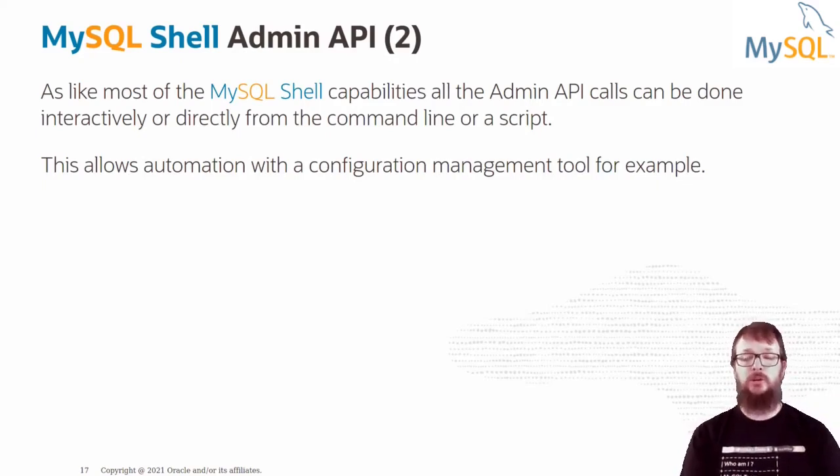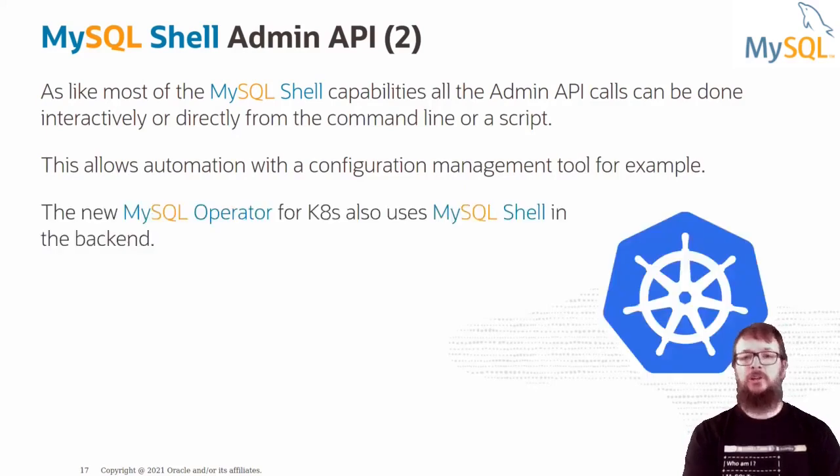So you can do all that directly using the shell. This is very nice to do. And finally, the new MySQL operator for Kubernetes also uses the MySQL Shell to do all its tasks. So as you can see, MySQL Shell is very powerful.